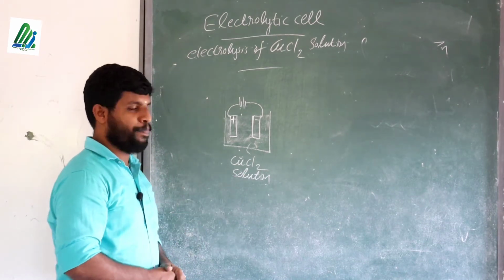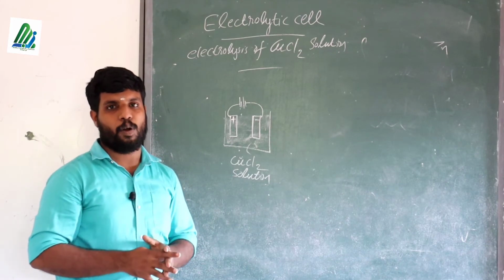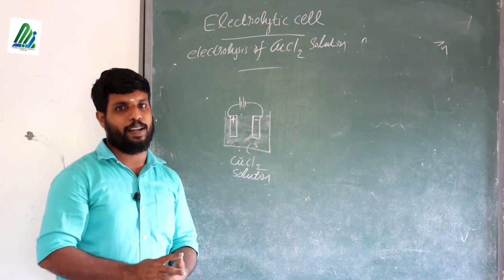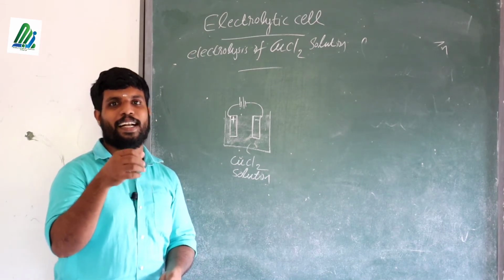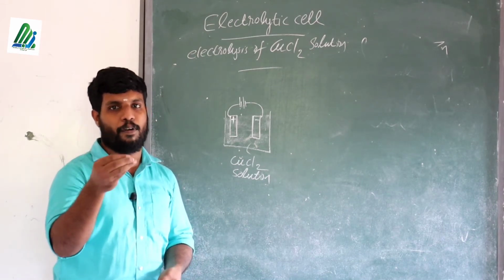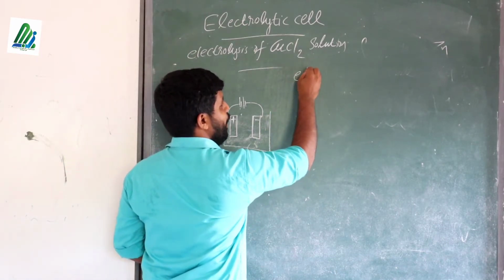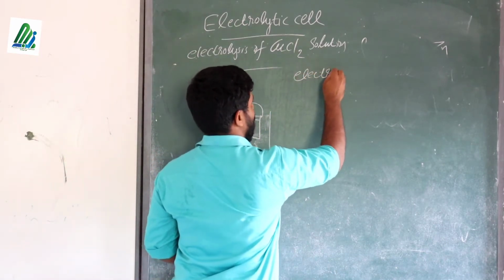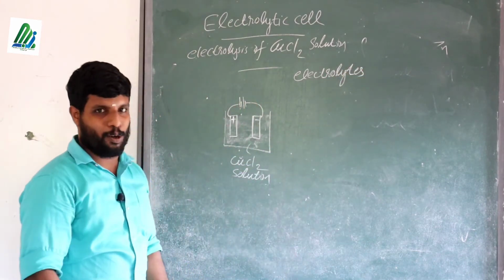We know that the aqueous solution or the molten form of a metallic salt will conduct electricity. The substances that conduct electricity in their molten form or in solution are known as electrolytes.